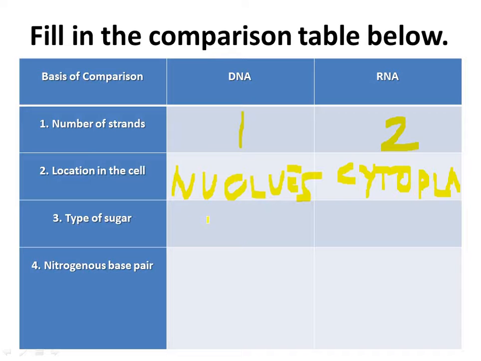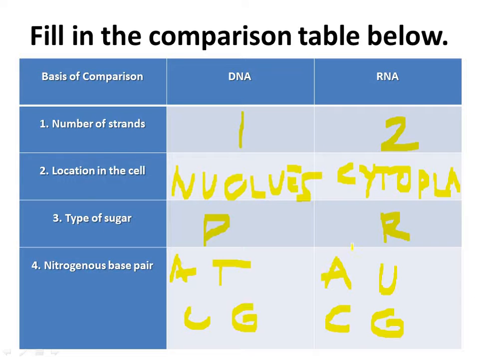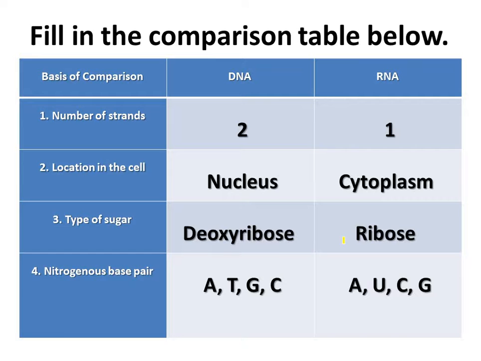Type of sugar, dito to, deoxyribose. Dito po, ribose. Dito po, sa nitrogenous base niya, meron tayong adenine, thymine, cytosine, guanine. Dito naman po, we have adenine. Nagbago po ang thymine, magiging uracil, cytosine, and guanine. Ayan po yung sagot natin.